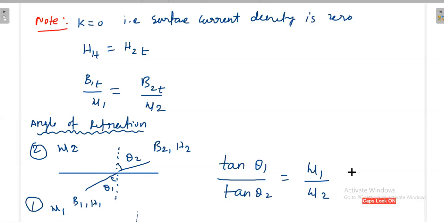And this is valid when K is equal to 0. Is it the same? I think it is different. Yesterday you had epsilon 1 on the downside, I think. Yes or no? No idea.